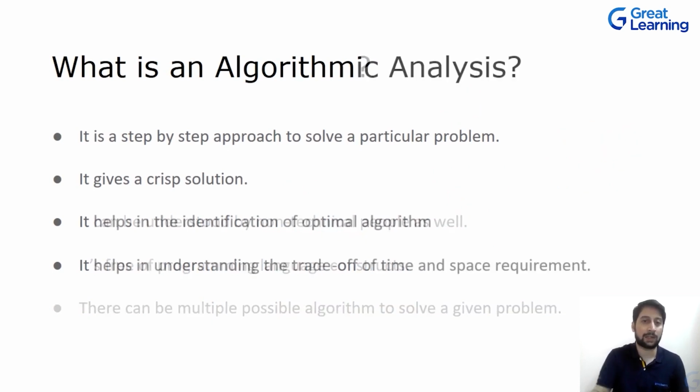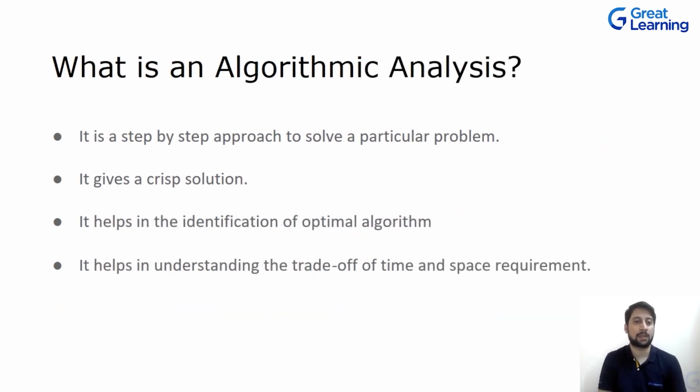So let's see what algorithm analysis is. This is again a step-by-step approach to solve a particular problem. It helps us identify which algorithm is optimal. This is the analysis part of the algorithm, right? It helps us to understand the trade-off between time and space complexity.